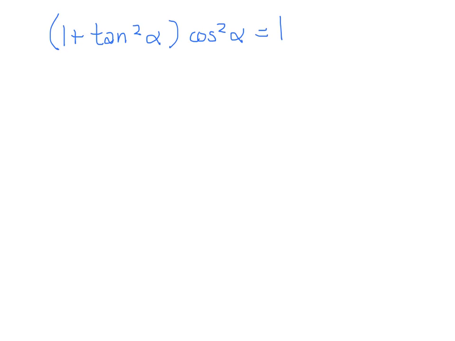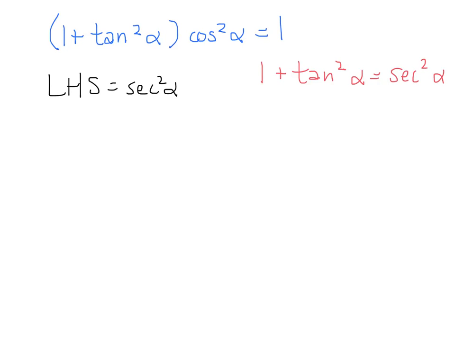Now, there's a few ways of doing this, but the easiest way is to first notice that 1 plus tan squared alpha is equal to sec squared alpha using one of our Pythagorean identities. So, our left-hand side becomes sec squared alpha times cos squared alpha.